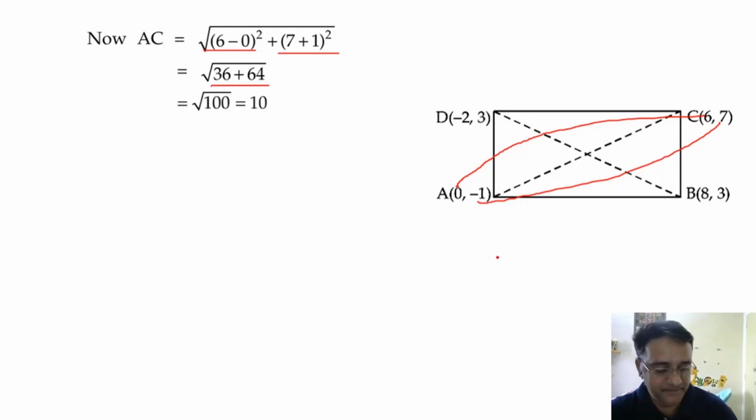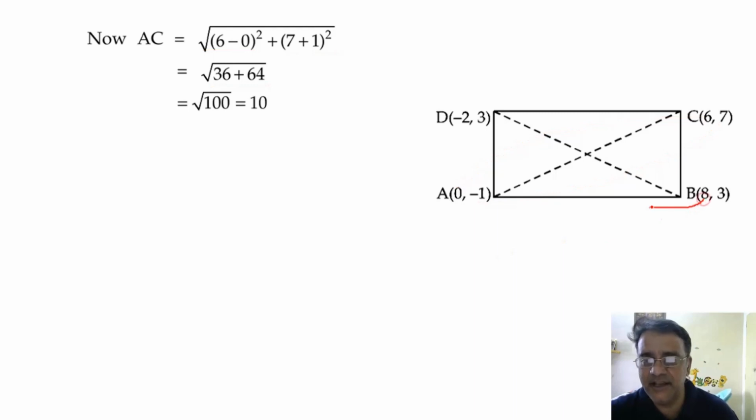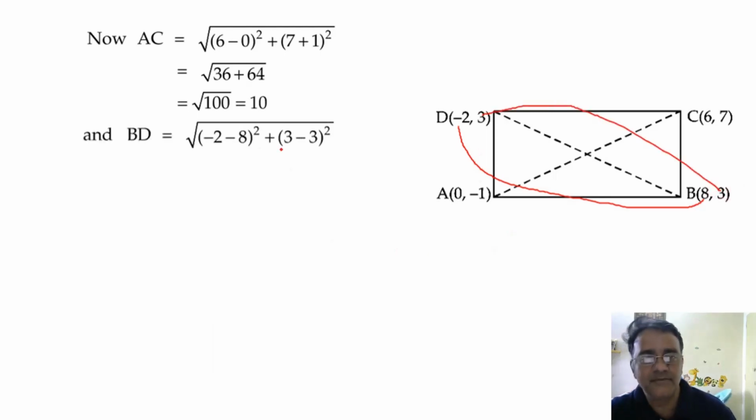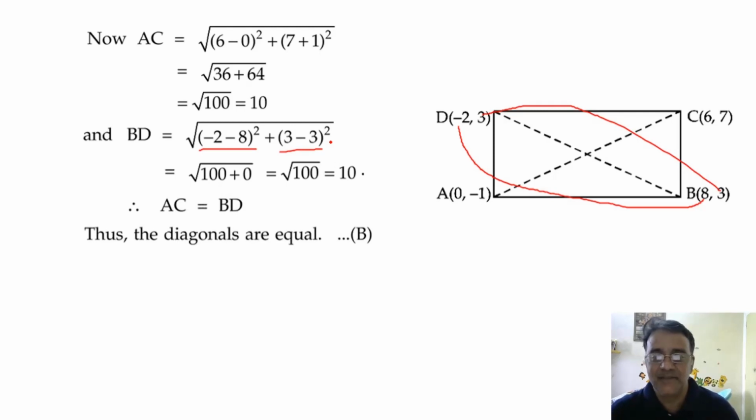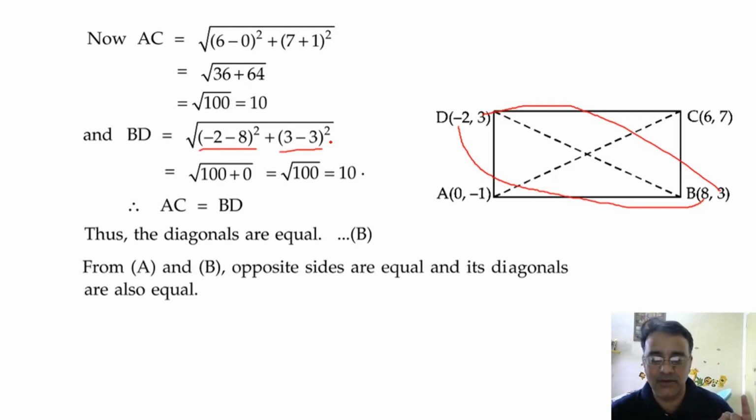Now BD. Look carefully: 8 minus of minus 2 plus 2 whole square and 3 minus 3 whole square, that is 0. So we are getting 100 plus 0. So here also 10. So that means diagonals are equal. Now from these two we conclude that opposite sides are equal and diagonals are equal. So therefore it is a rectangle.